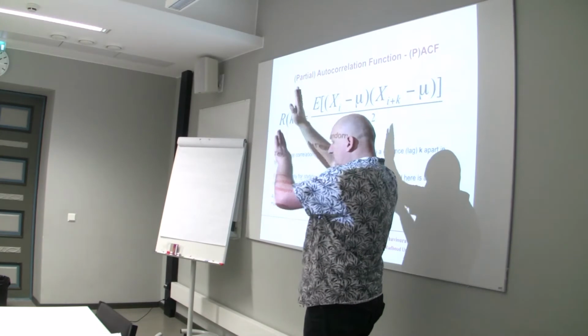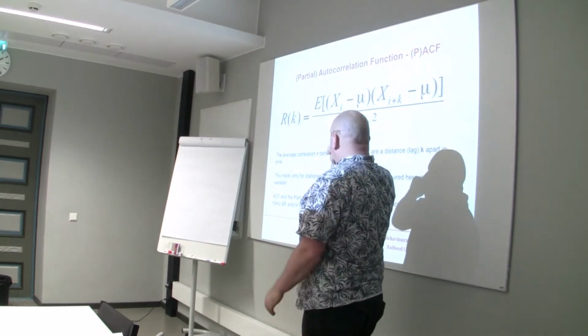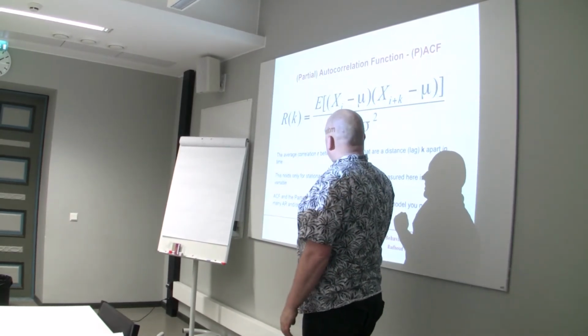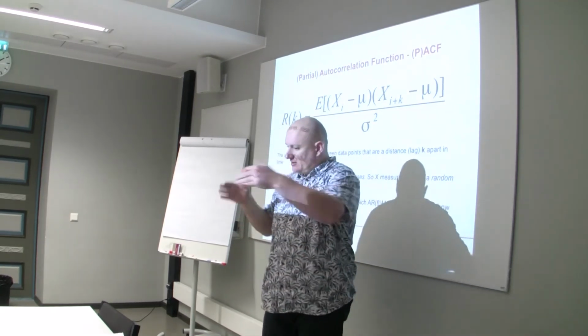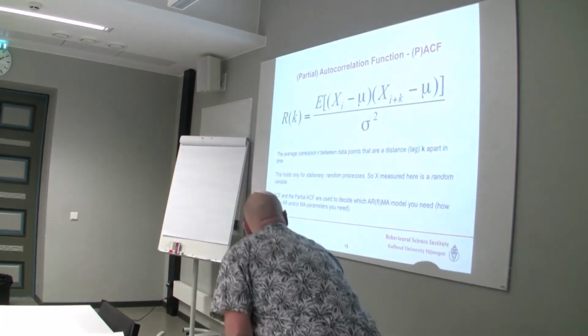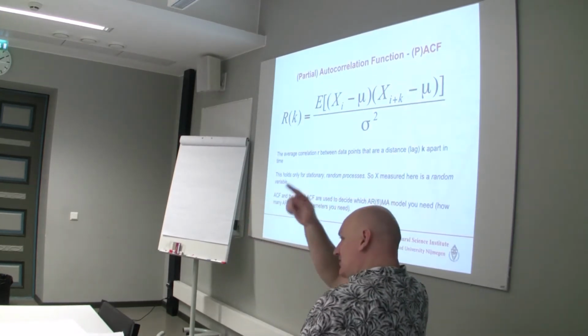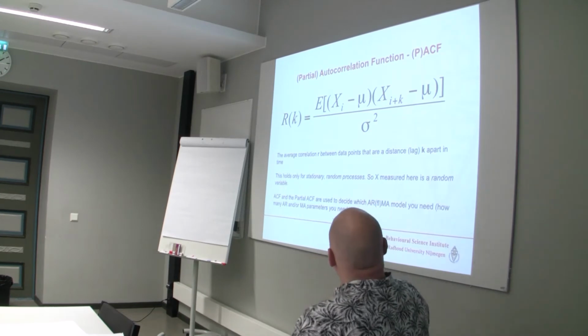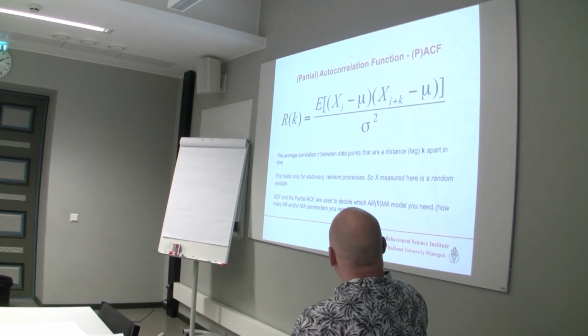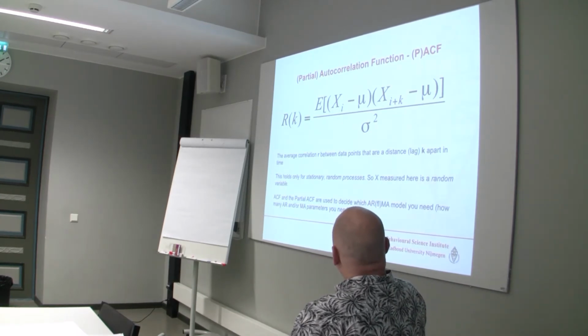So for all these different lags, you can calculate the correlation that is then attached to a specific shift of your time series, and you can plot this, and this would then be called the correlation function. So it's the average correlation between data points that are some lag apart in time.